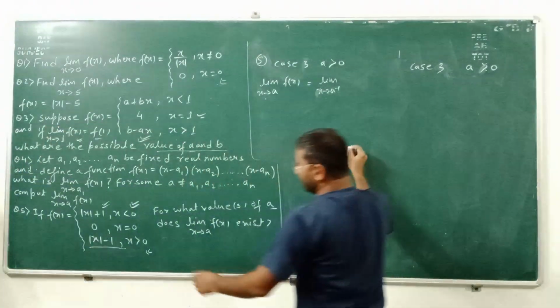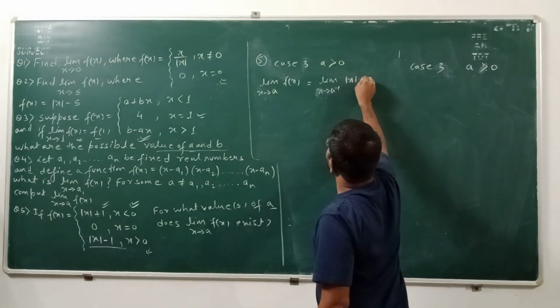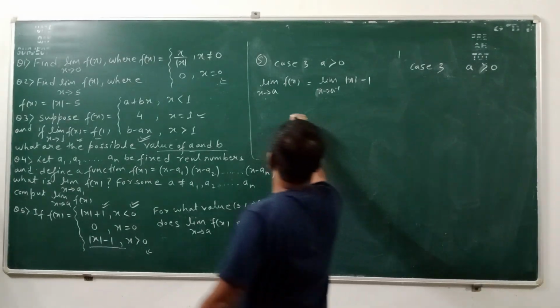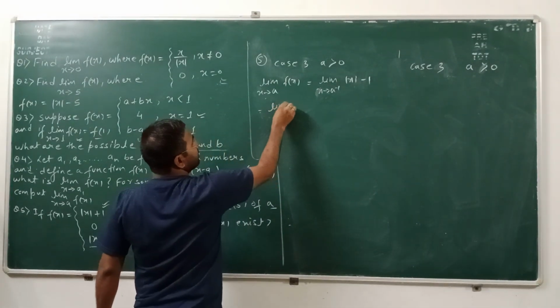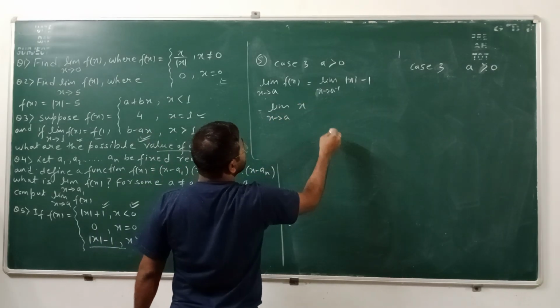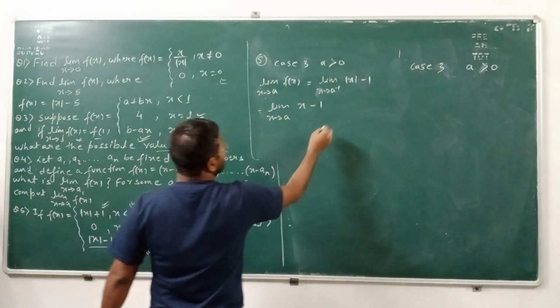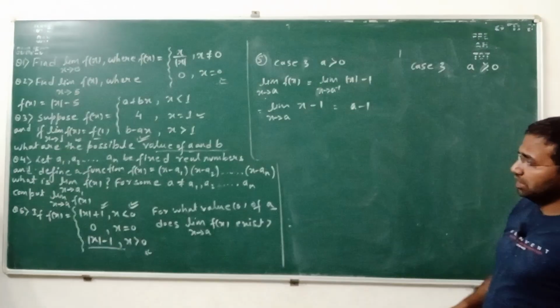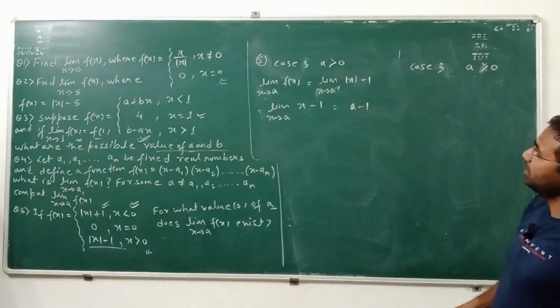So in place of f(x) we will write mod of x minus 1 this time. Now limit x tends to a, mod of x minus 1 means a minus 1 will come.